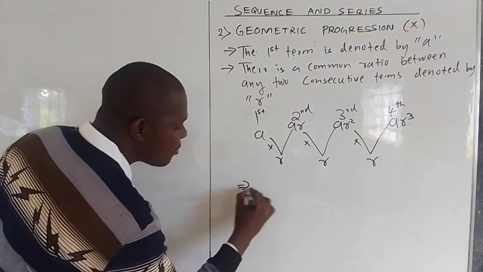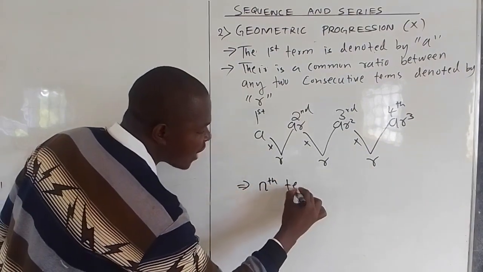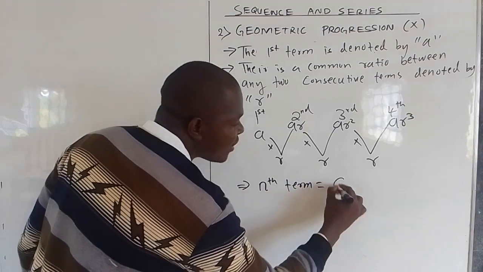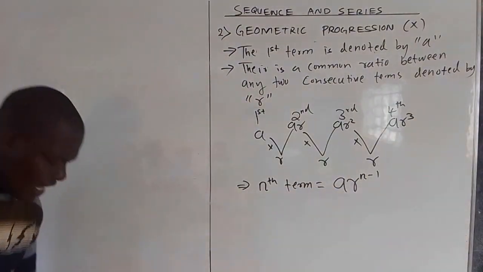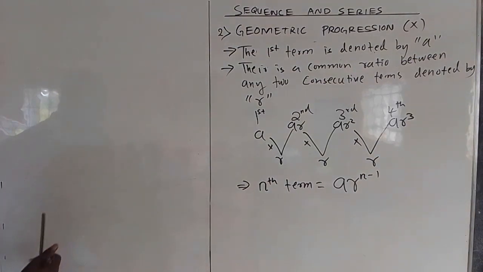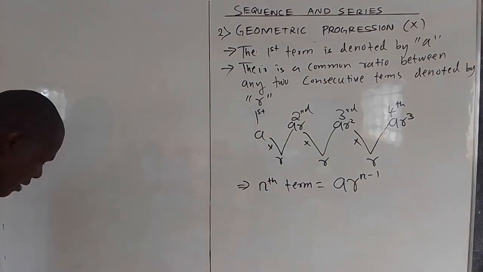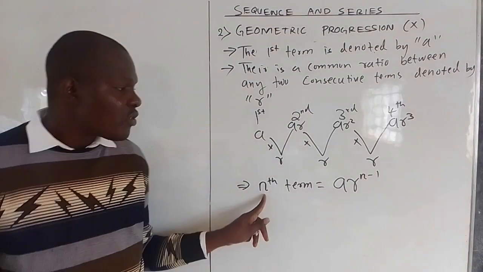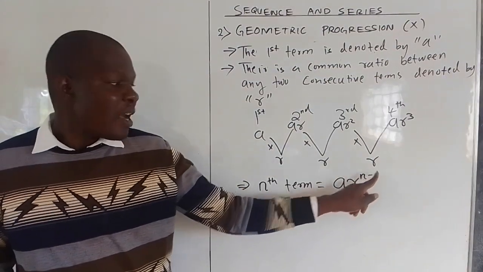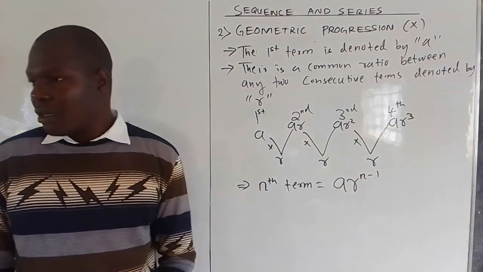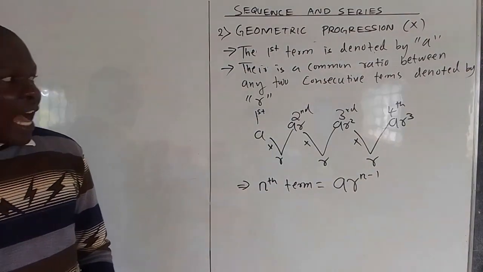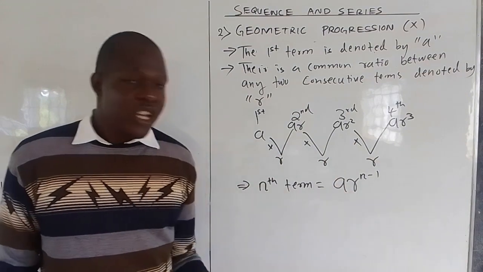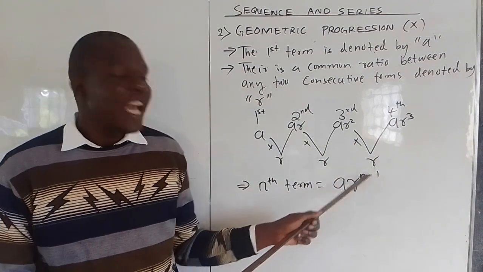The implication is that the nth term is AR raised to power n minus 1. If n is 4, we are talking about the fourth term, and 4 minus 1 gives R raised to power 3. So the nth term of a geometric progression is given by AR^(n-1).